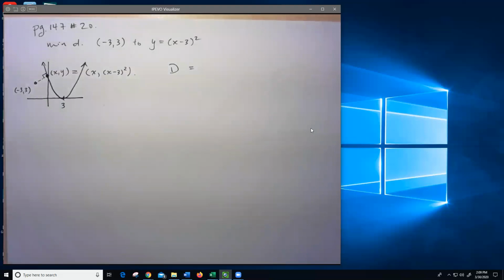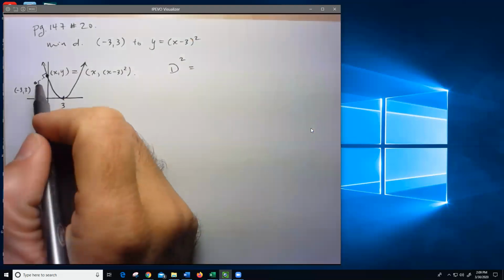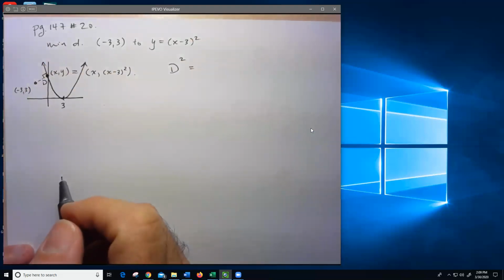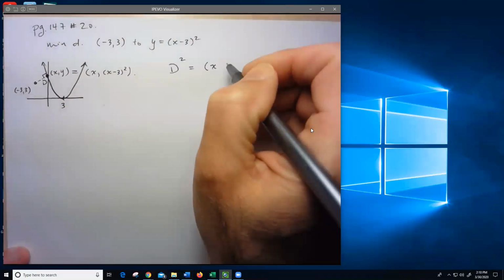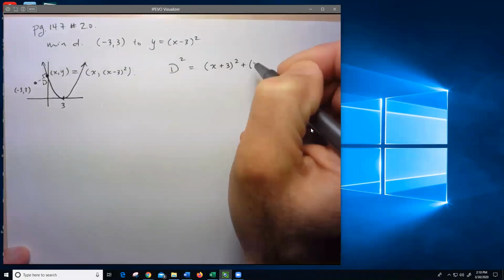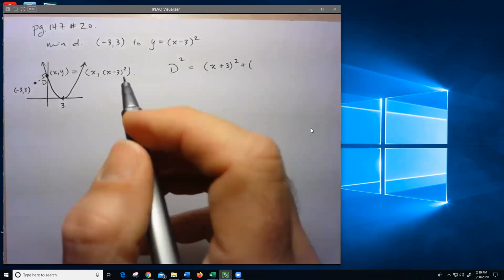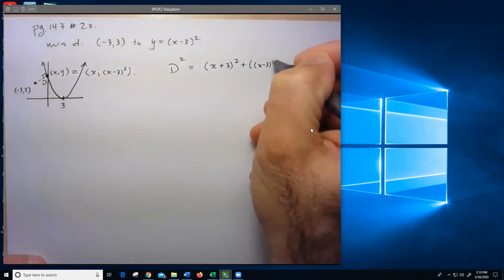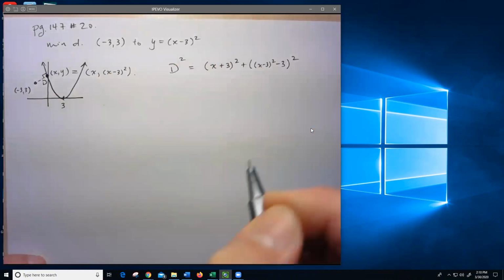I might just leave Pythagoras as is, so the distance squared that I'm trying to minimize is just the difference of the x's squared: x minus -3, so x plus 3 squared, and then the difference of the y's squared. Let's be careful here. We've got x minus 3 squared minus 3, and that's squared.